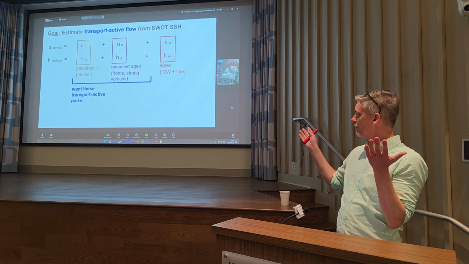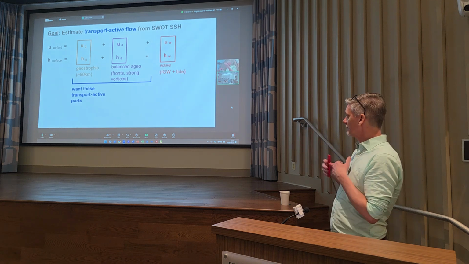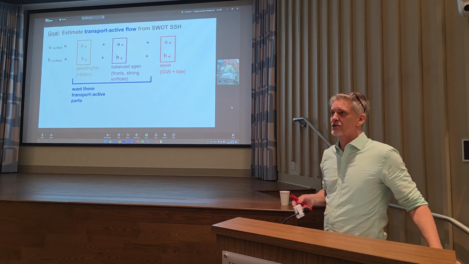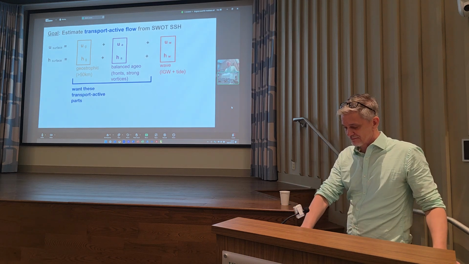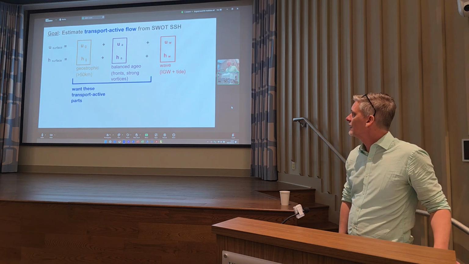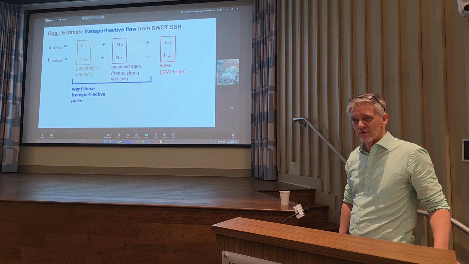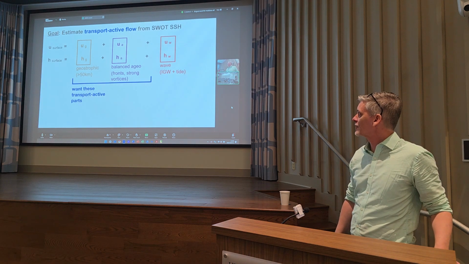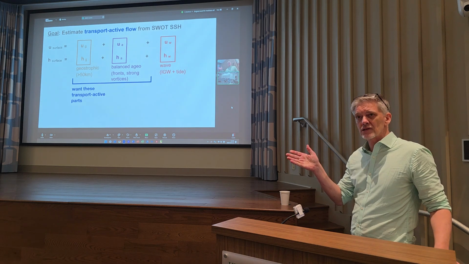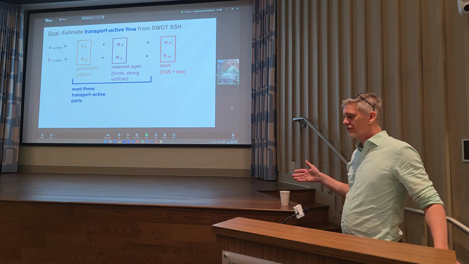The other part of this is the first two things. We know lots about geostrophic flows; they transport stuff. Then there's what I call balanced ageostrophic, which is an imperfect term because the definition of balance is tricky, but let's use it as a term of art for the moment. What I mean is all this stuff that is not in geostrophic balance but is moving things around. Think about a front.